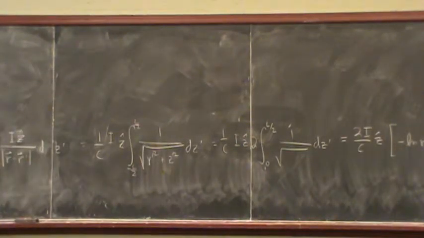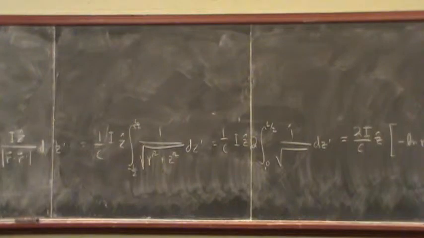Let me go off to this side to make it a little bit easier. I did a rather rapid conversion there. That is r minus r prime. What we need to know is the distance to a certain element of wire. There's a distance z prime from the center, so the wire is over there. This is r, if I measure it from this point here. This is what I call r, not the vector r, but the distance r from the center.